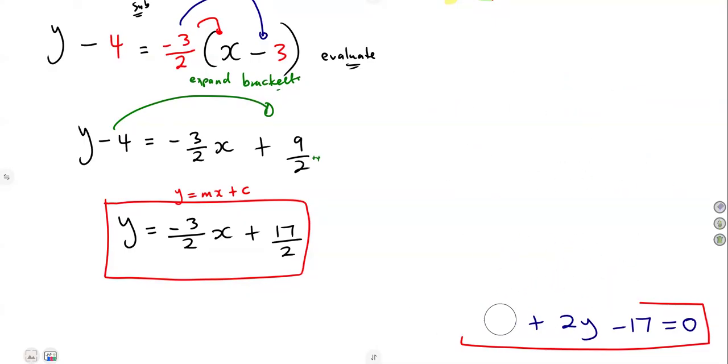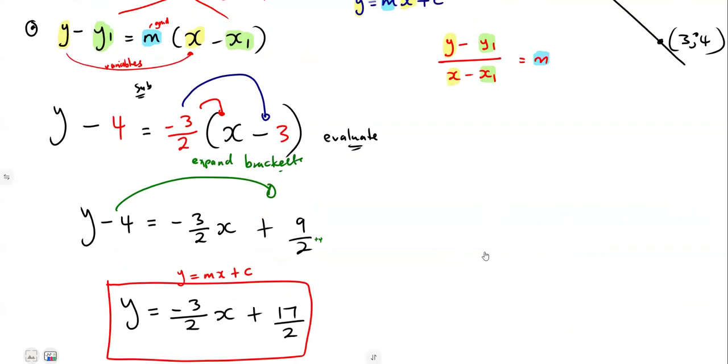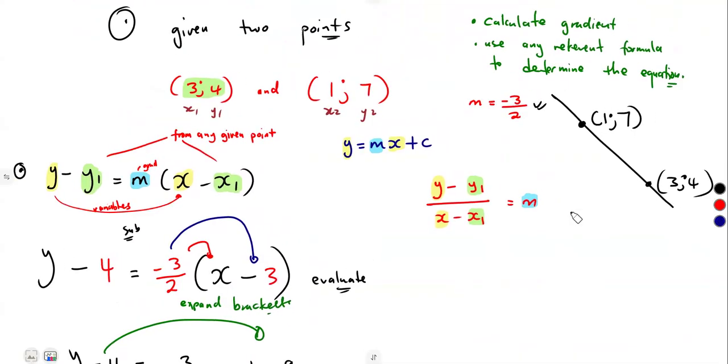Like I said, I'm also going to prove on that point to say we can use any point on determining the equation of a straight line as we saw here. We can use any point. So meaning to say we could have used the second point. Let's see, using the second point.